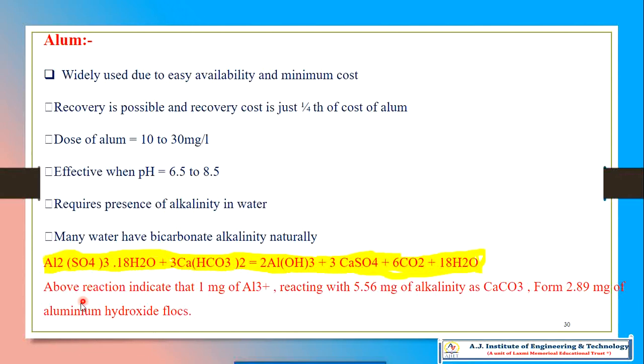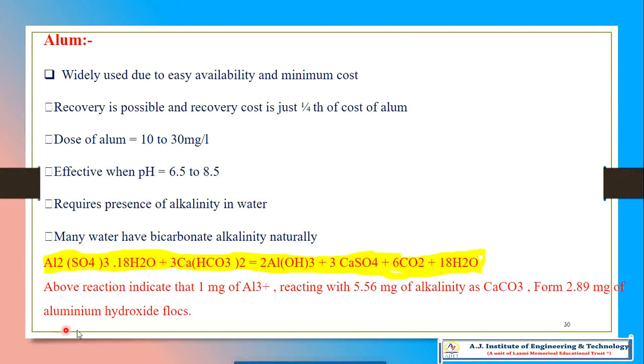See, the above reaction indicates that 1 mg of the Al3+, that is the aluminum, will react with 5.56 mg of alkalinity, that is bicarbonate alkalinity, and 2.89 mg of aluminum hydroxide floc will be formed.